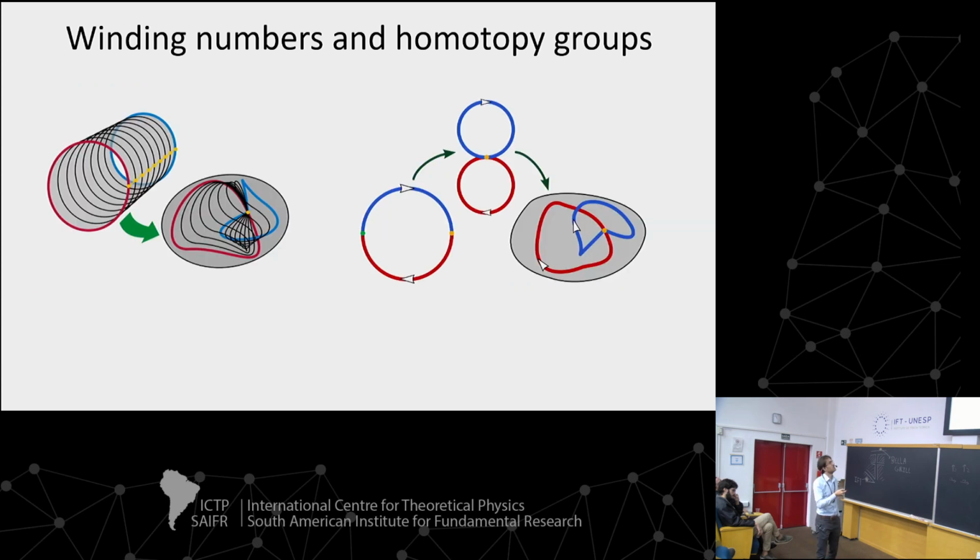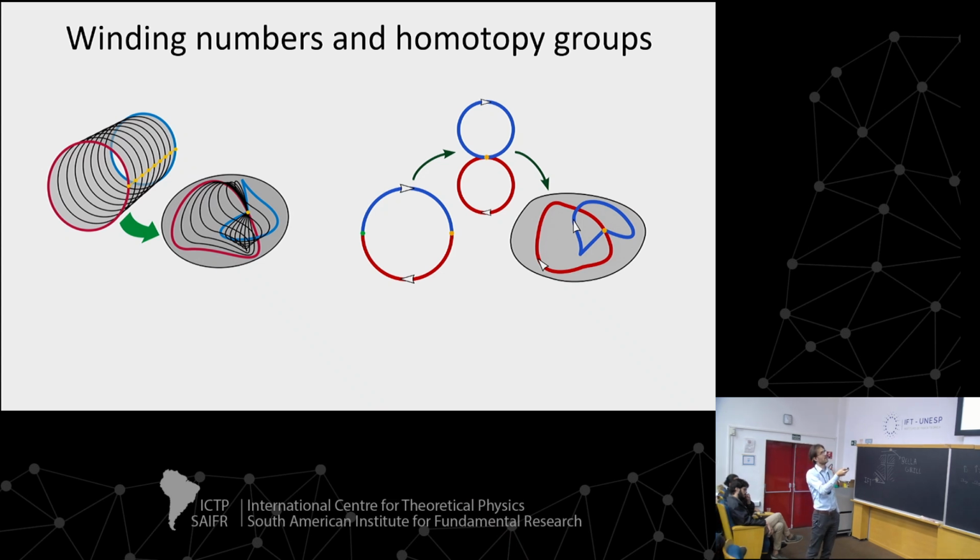I won't go into too much detail here, but you do that essentially by looking at how you can continuously modify a path, right? Whether you can shrink it to 0 or not, and what happens when you append multiple paths to each other.